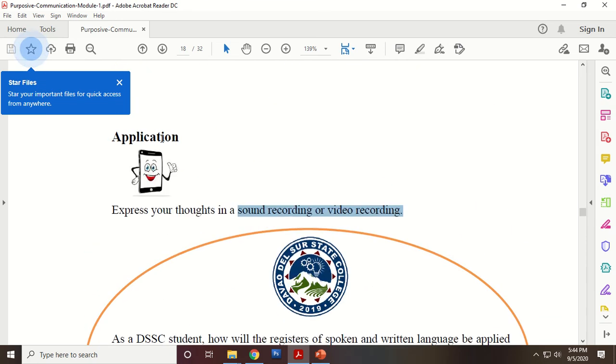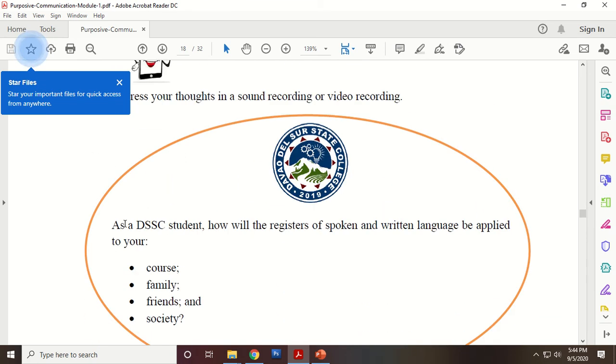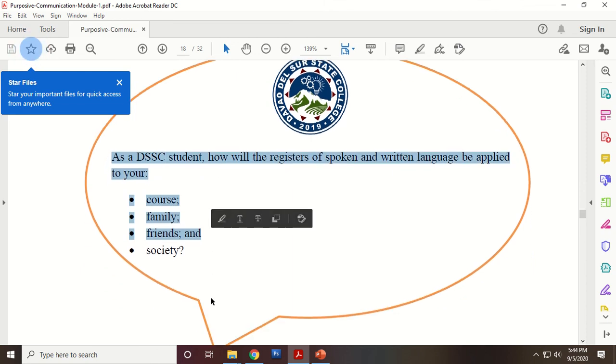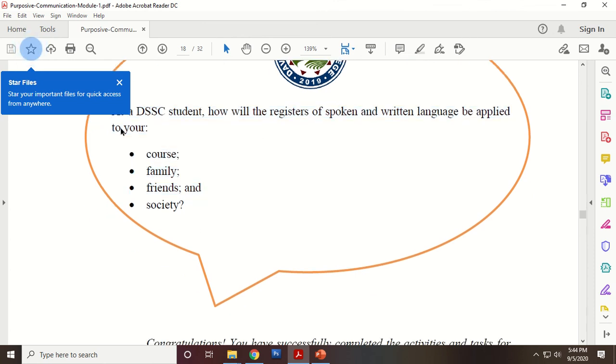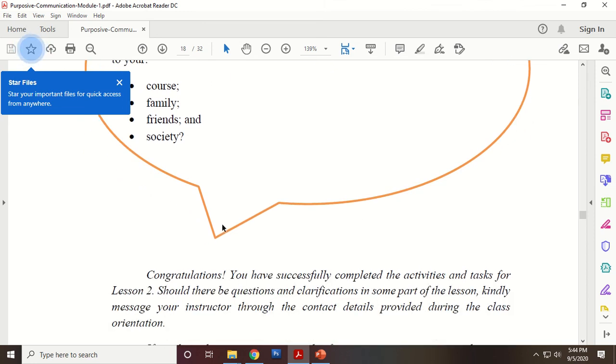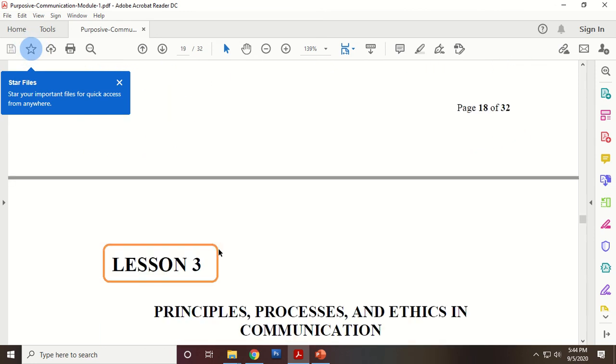On this part, as a DSSC student, how will the registers of spoken and written language be applied to your course, family, friends, and society? Again, it doesn't have to be long, a minimum of 3 sentences and a maximum of 5. No worries with me.